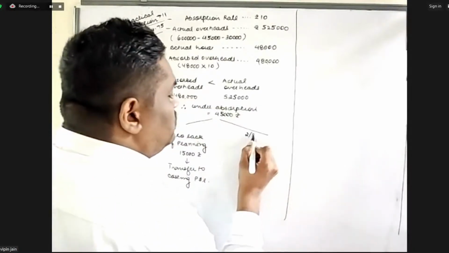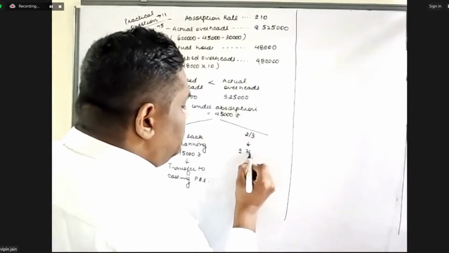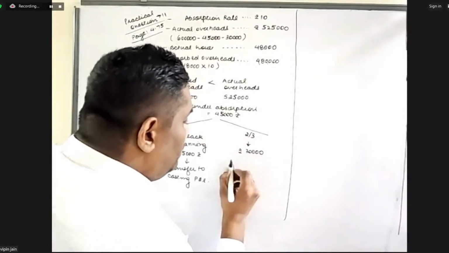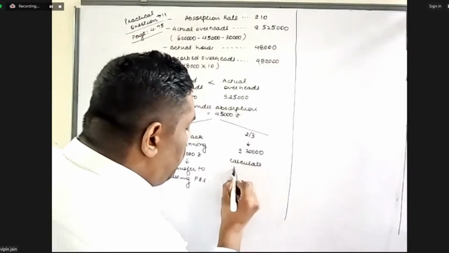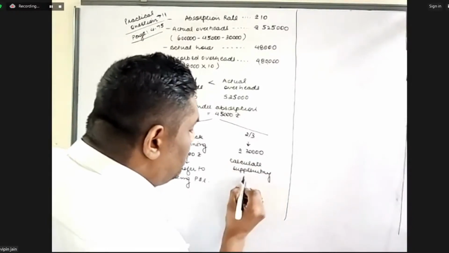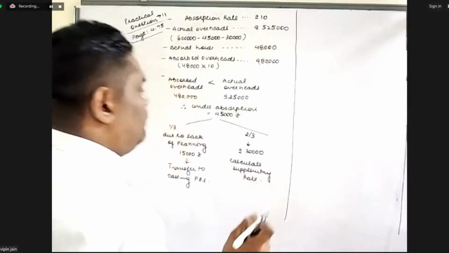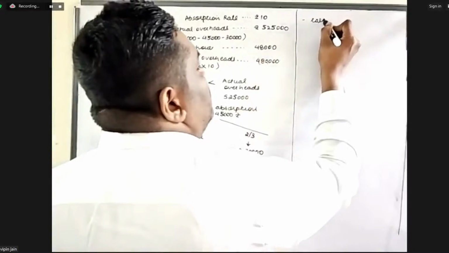And the remaining 2/3, that is rupees 30,000, we will calculate supplementary rate. Now, the next step is calculation of supplementary rate.